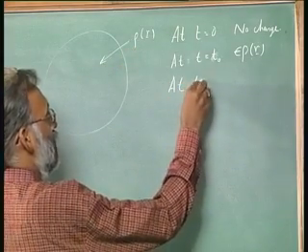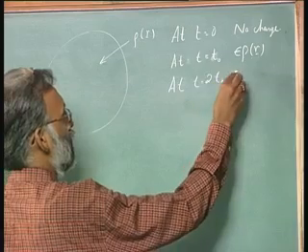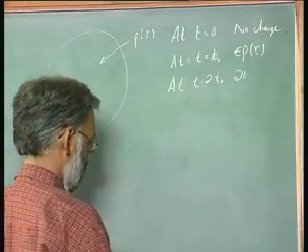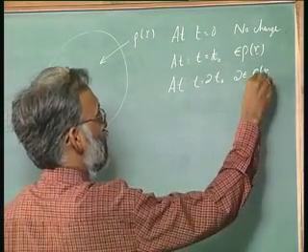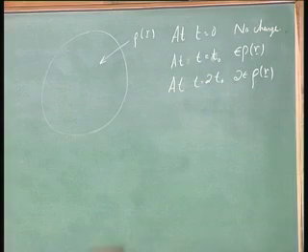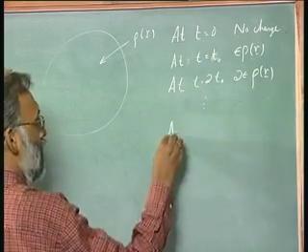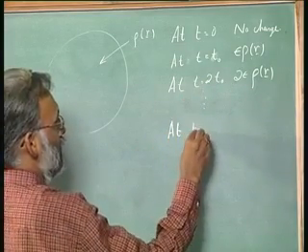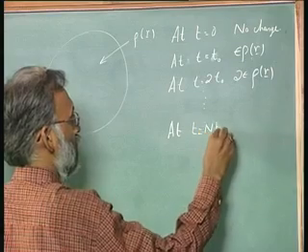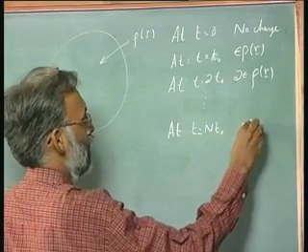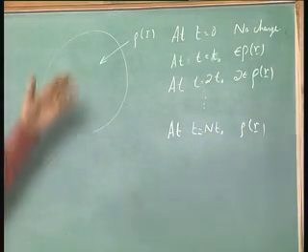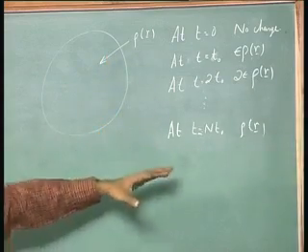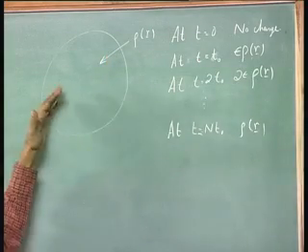At t equals 2 t naught, I have twice epsilon rho of r, and so on and so forth. At t equals n t naught, I have full rho of r. So, slowly in time I am bringing charge in and building it up.